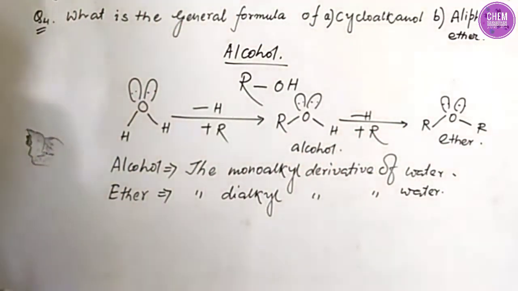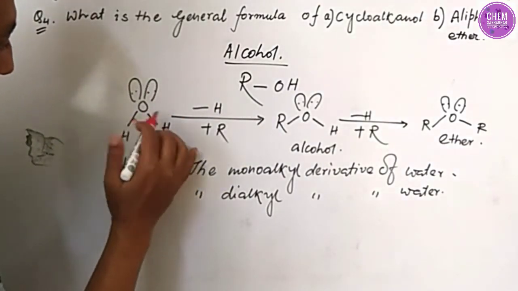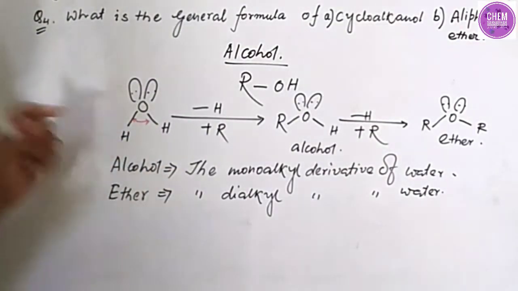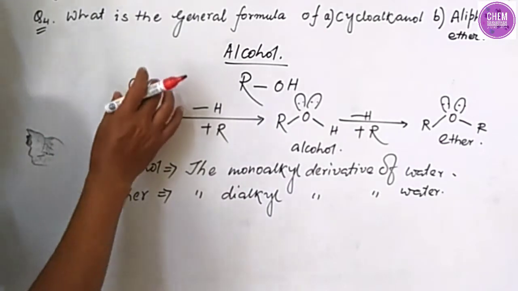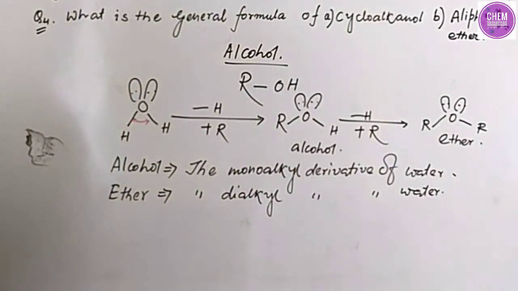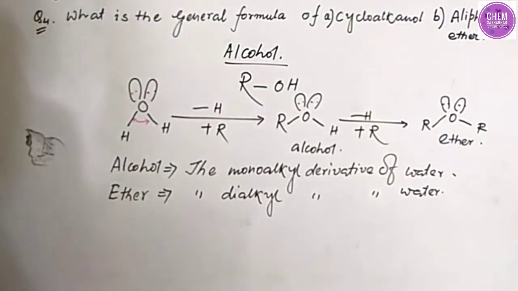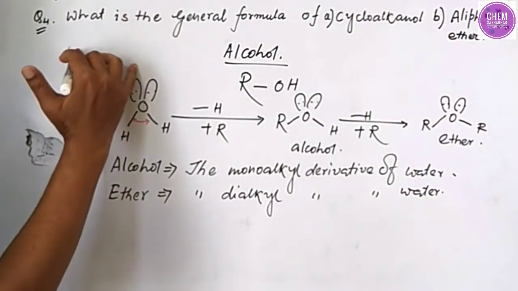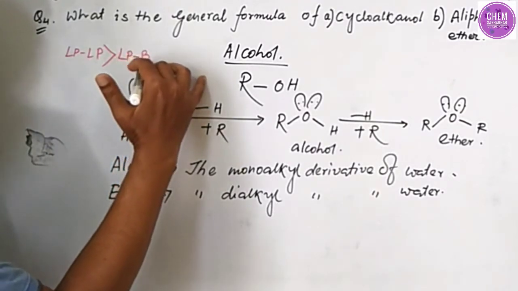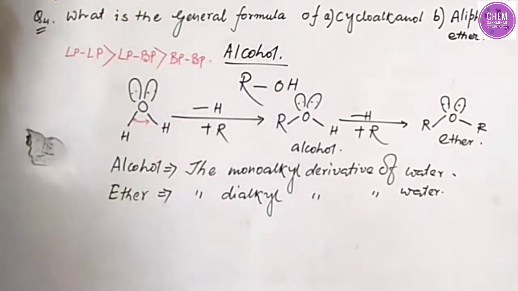If we look into water, the structure reveals the smallest 2 hydrogen atoms, 2 bond pairs, and 2 lone pairs. Again, there is lone pair and lone pair repulsion, bond pair repulsion also, and lone pair bond pair repulsion. So 3 types of repulsions are there, and their magnitude will be lone pair lone pair, then lone pair bond pair, then bond pair bond pair.